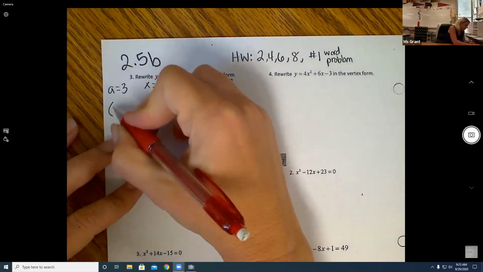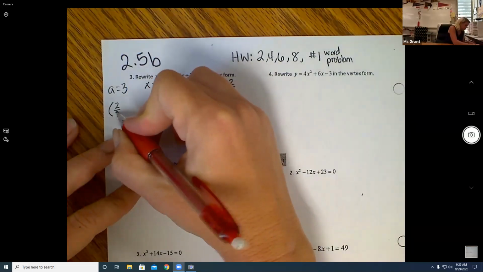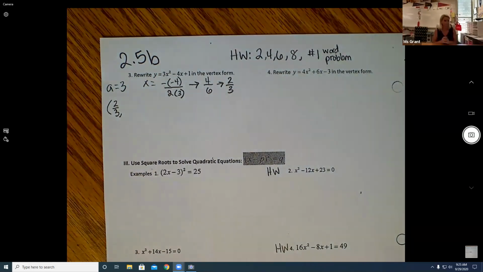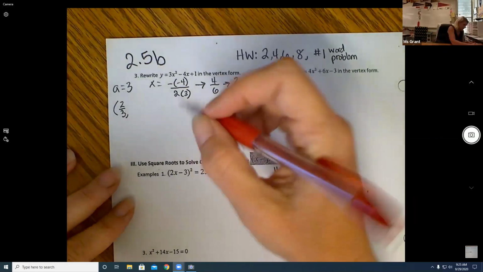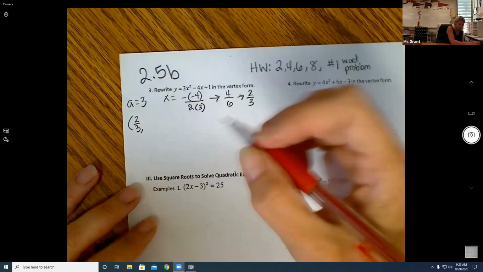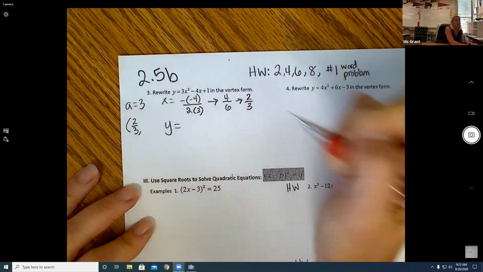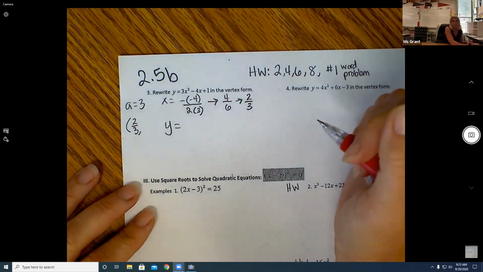So my X is 2/3. Now for me to find my Y, I'm going to plug in 2/3 into my original standard form equation, right?